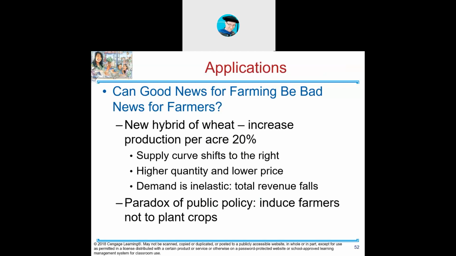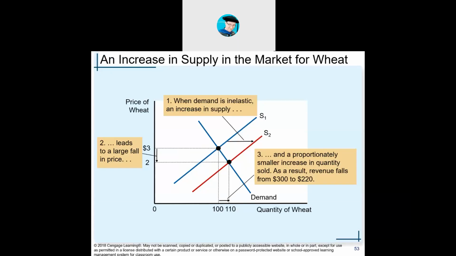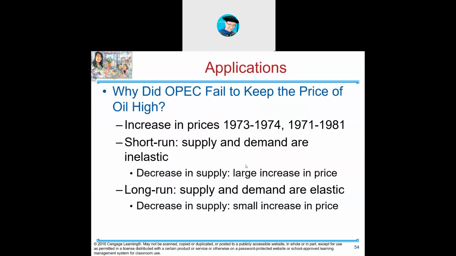Okay, let's see. We're almost there with this one. Let's go through that. We kind of beat that up, didn't we? Okay, OPEC. Most of you probably know what OPEC is. If you don't, these are the oil producing economic countries. OPEC, oil producing economic, something like that, right? Basically, it's a cartel that runs the prices of oil throughout the world.